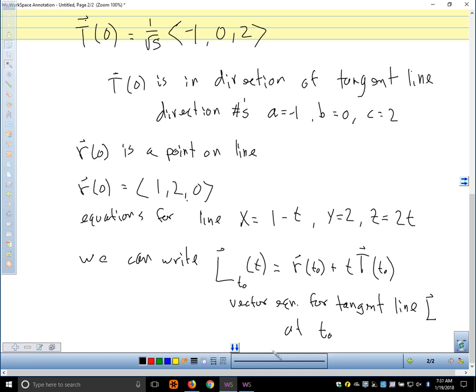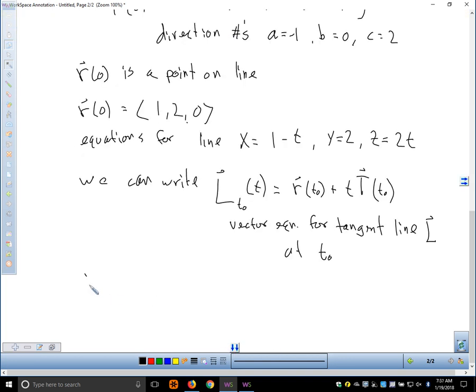And then R to approximate, R at 0.1. So we're going to use the tangent line to approximate that. We're plugging in 0.1 into our equation for our tangent line because R at the particular point is the point that's on the line.